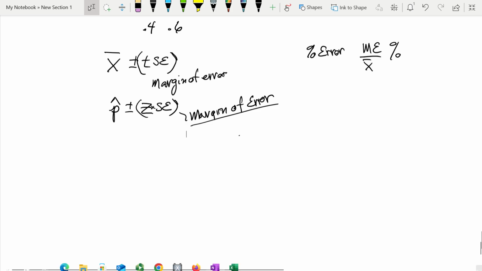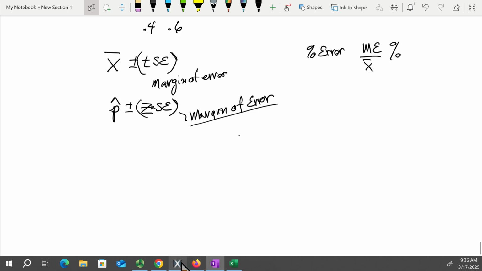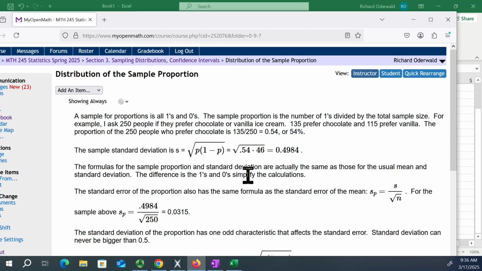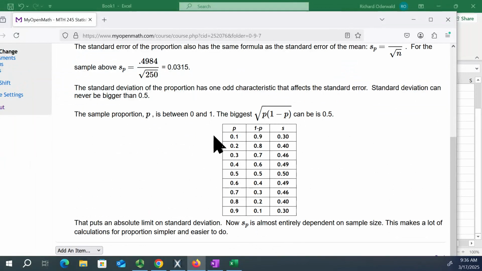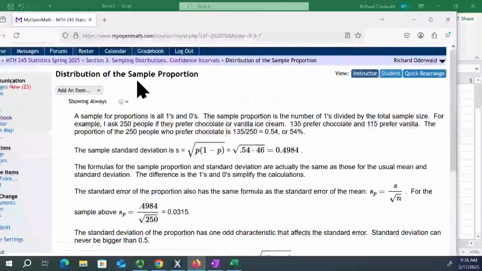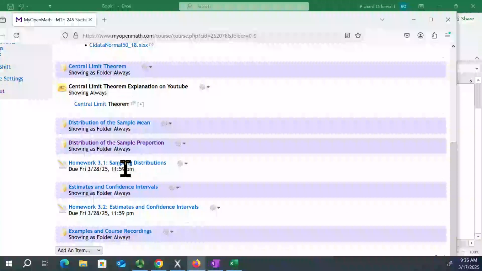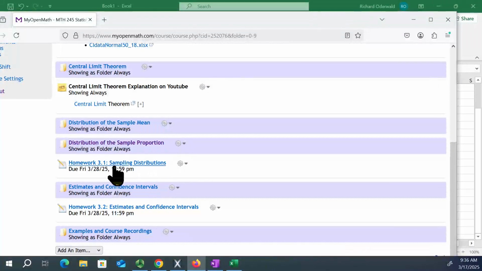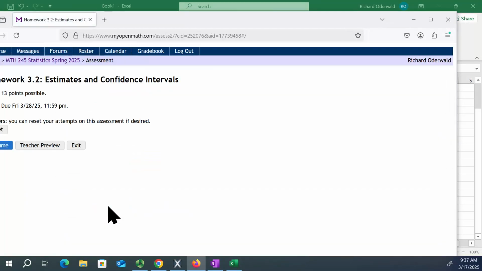So we've got, we need MyOpen Math. We want to look at 3.2, estimates and confidence intervals.